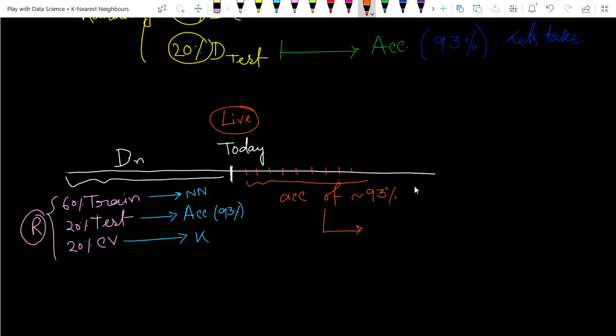If we expect this from our model, that expectation may not be true.